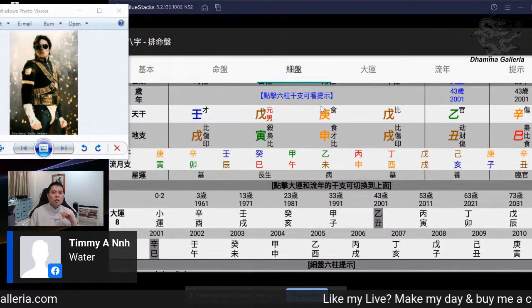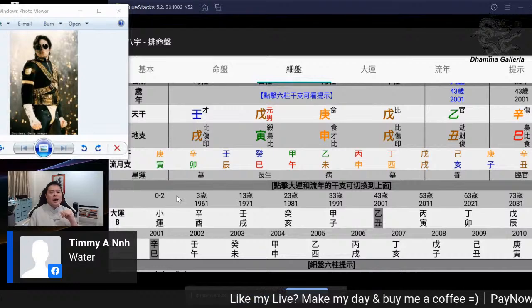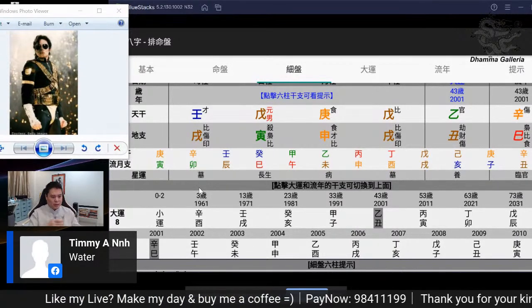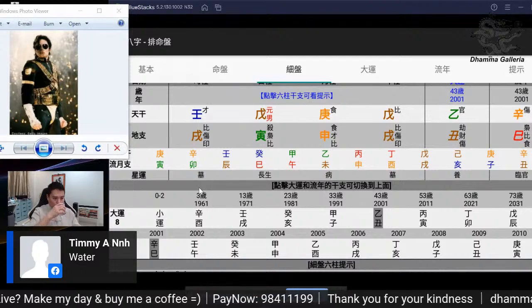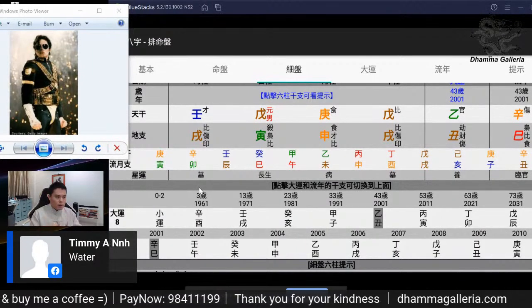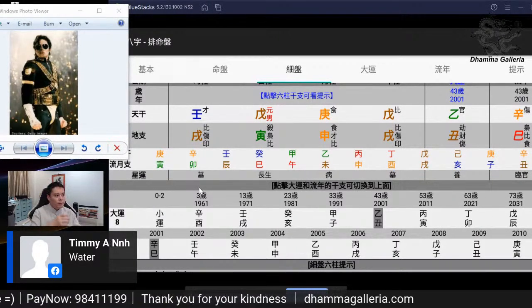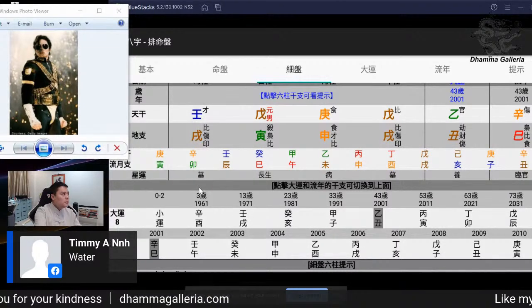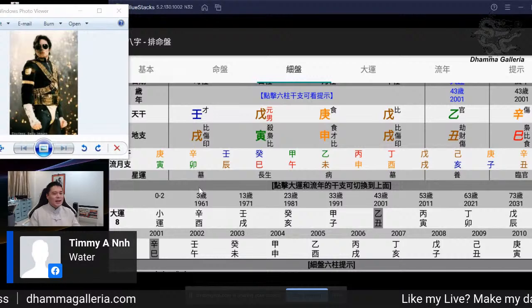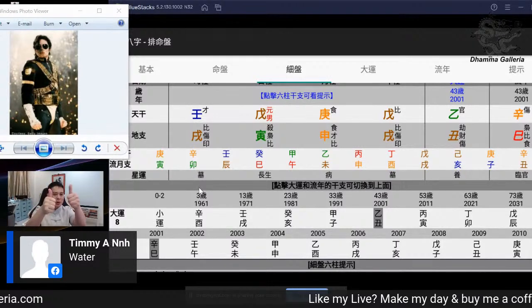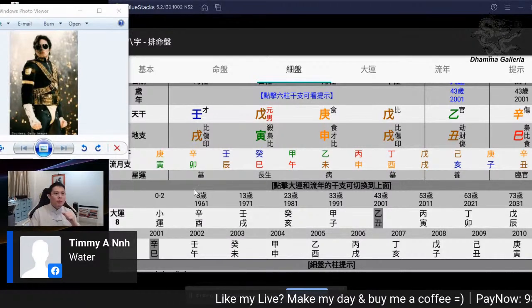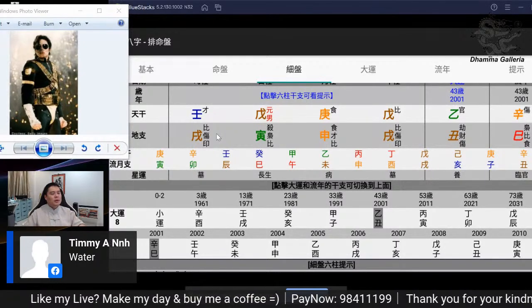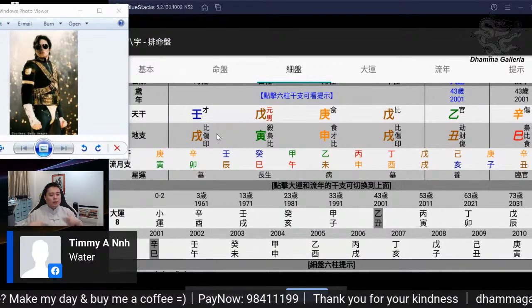And what actually enhances water? Timmy, what enhances water? Let me ask you. 什么东西生水？Yes, correct. Metal enhances water. Very good. Our lungs are metal.